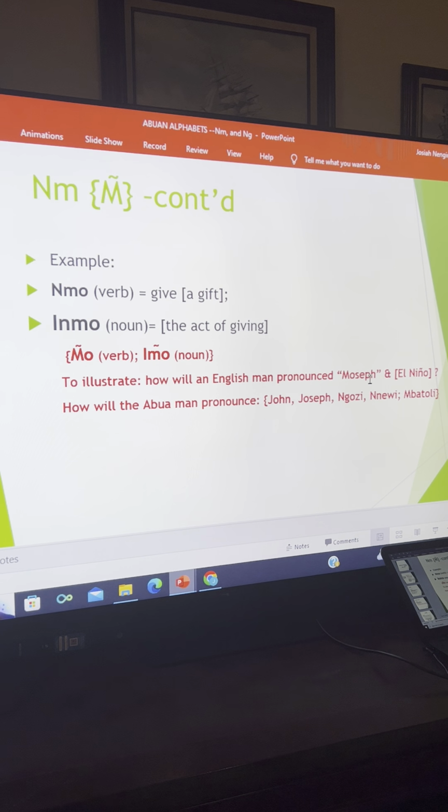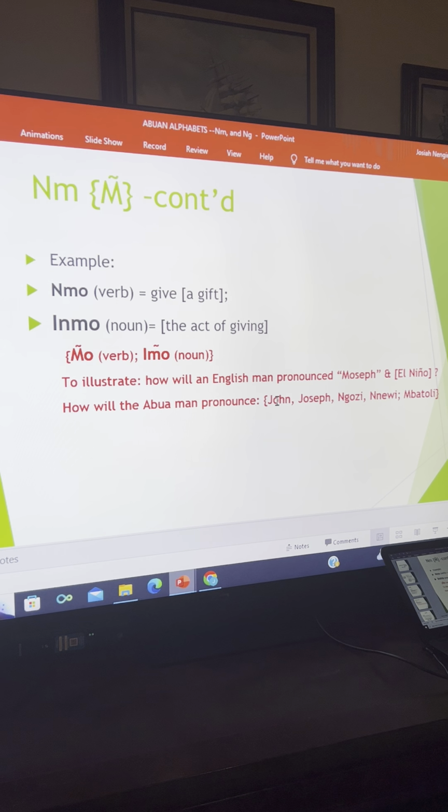If you give this name to an English-speaking person to pronounce, he would just see it as Joseph with an M. You see, he wouldn't recognize it unless you tell him that this has a special sound. Then he would say it correctly. The same thing here. The Abuan man does not recognize it unless you tell him, oh, pronounce it as ng, then he would say it. But ordinarily, the Abuan man would not recognize N in front of M.